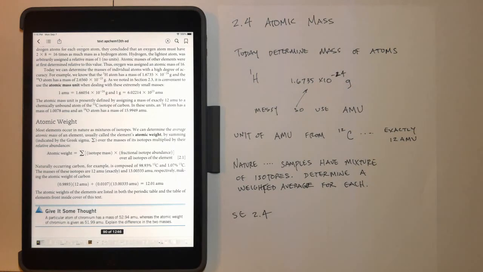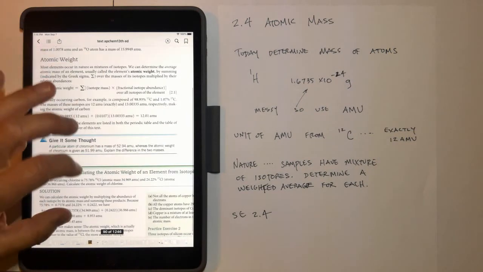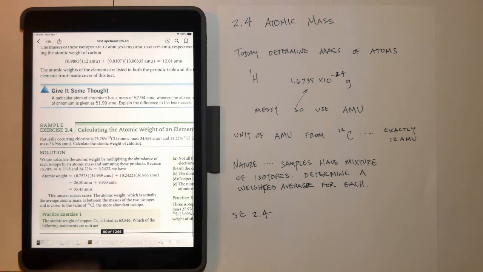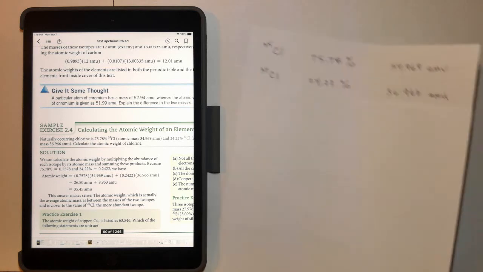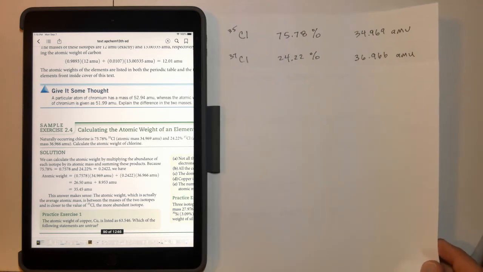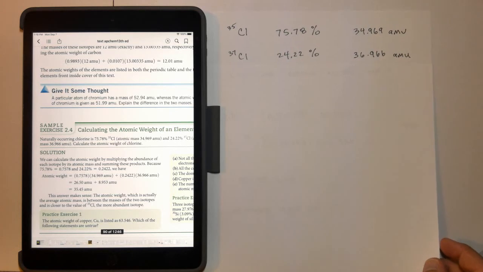So let's do a little bit of math in sample exercise 2.4 right down here. I'll zoom in on it, and I'll also write down the relevant information on a piece of paper, and you can write it down as well. There are two well-known isotopes of chlorine that exist naturally.